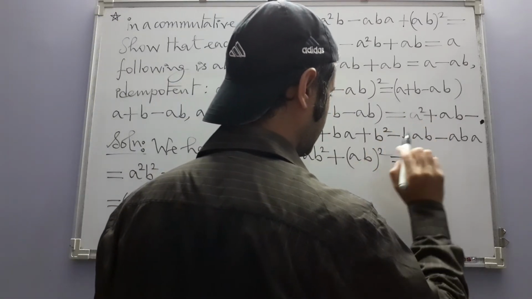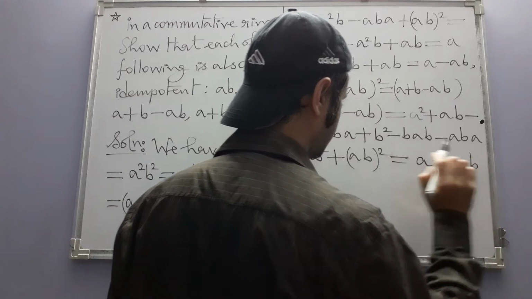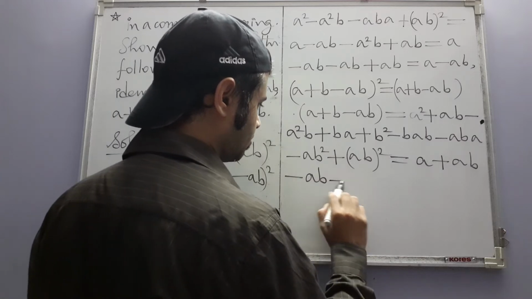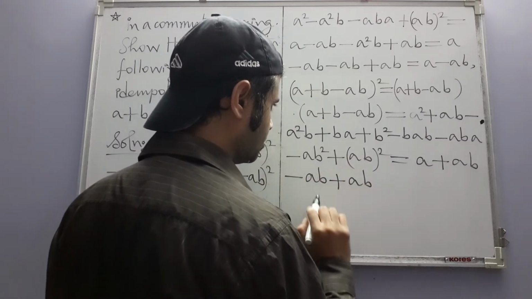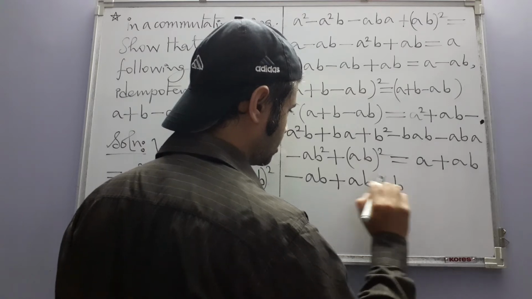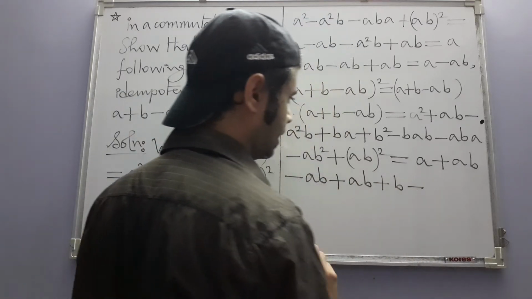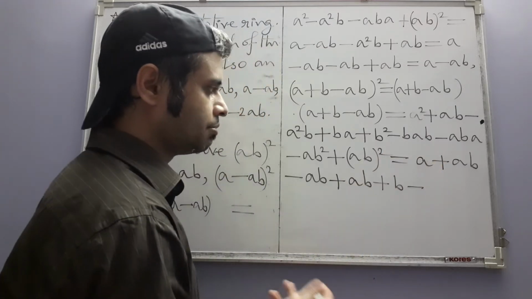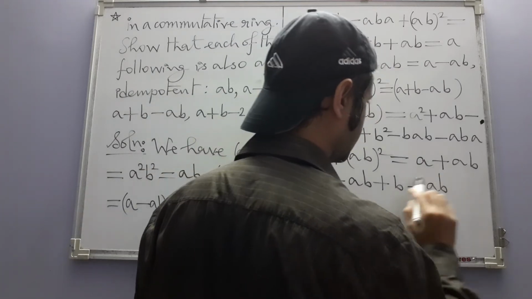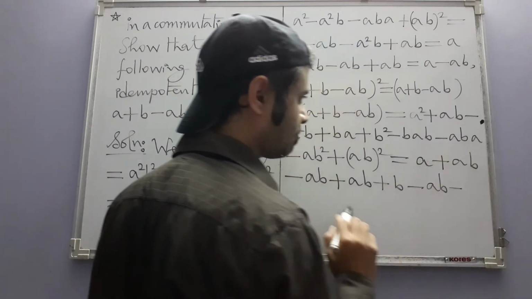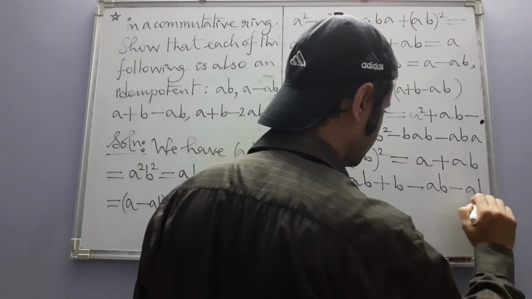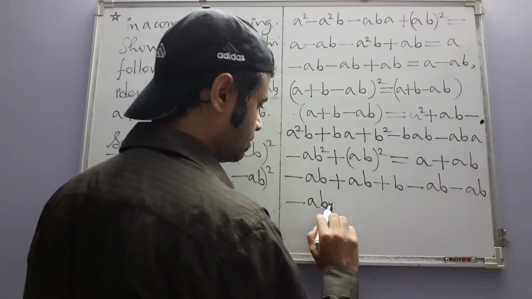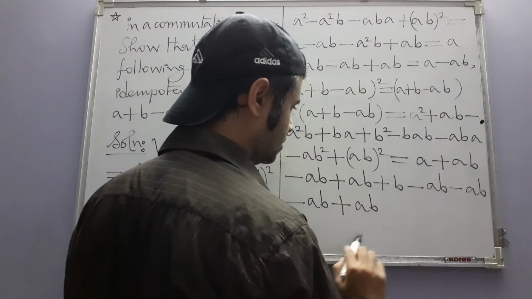In place of A square we will have simply A, AB will stay as such, minus A square B becomes AB, plus in place of BA we can write AB because of commutativity, B square is B. Now we are at once going to write AB because we have AB square and B square is B, so minus AB. Here also we actually have A square B, but that is equal to AB.